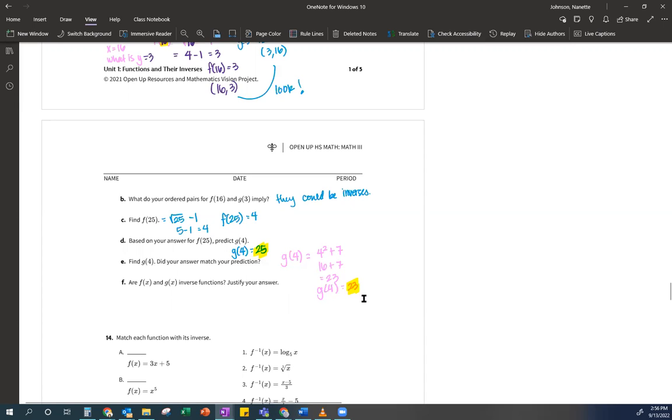I got 23. So are they inverses? No. The reason is that every point is not switched. Okay. Pause right there.